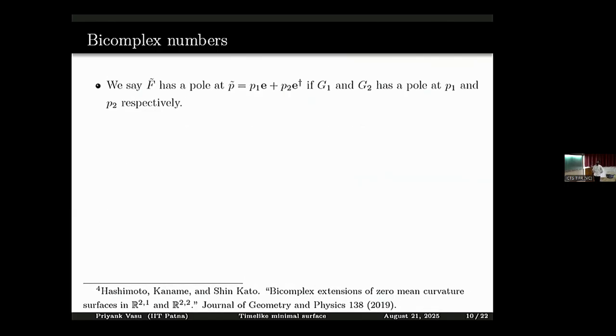Now, defining poles: f tilde has a pole at p tilde, which is bicomplex, p1 e plus p2 e dagger, if g1 has a pole at p1 and g2 has a pole at p2.